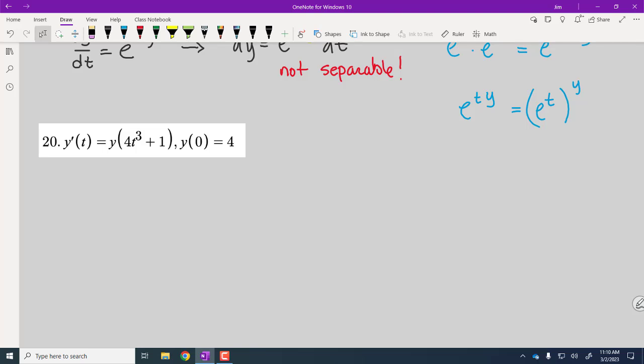What are the chances of me putting two non-separables in a row? Let me know if you need any nudging.